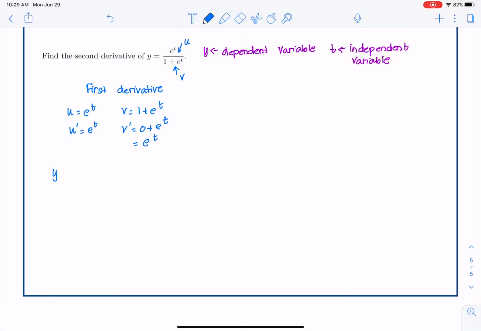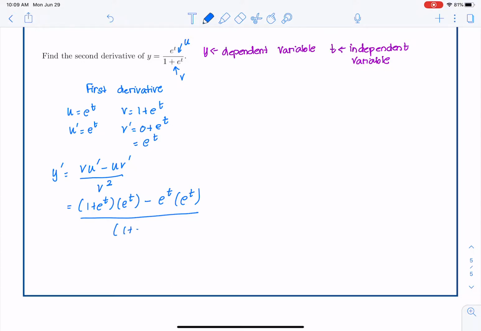So y prime is equal to v u prime minus u v prime divided by v squared. V is 1 plus e raised t. U prime is e raised t. U is e raised t. And v prime is e raised t divided by 1 plus e raised t squared.